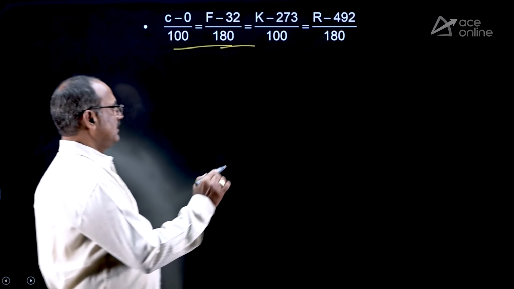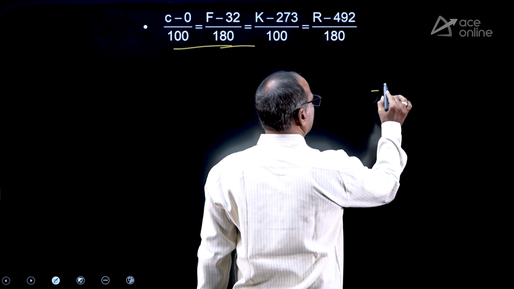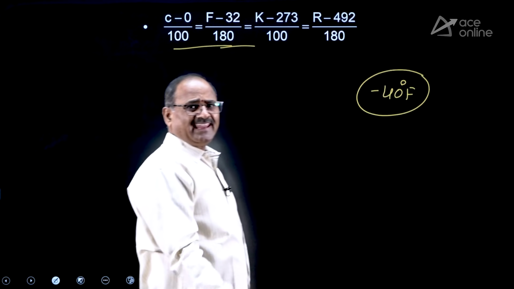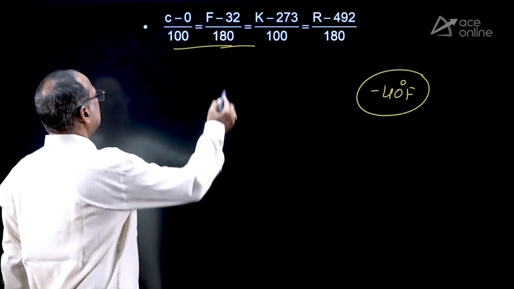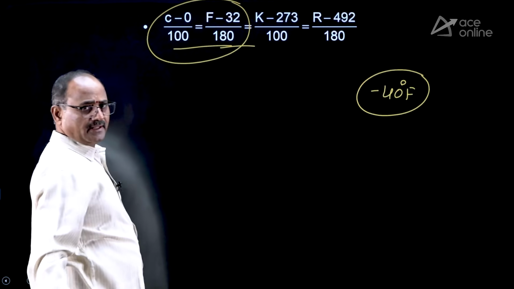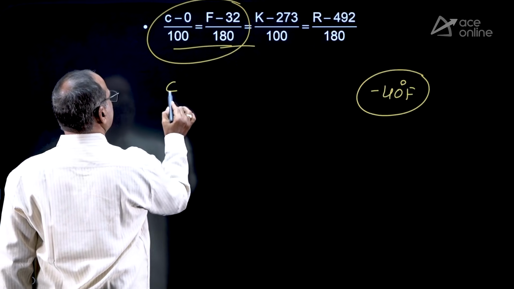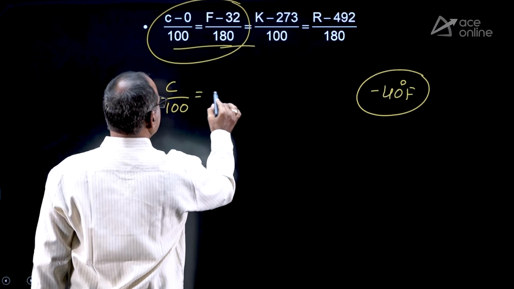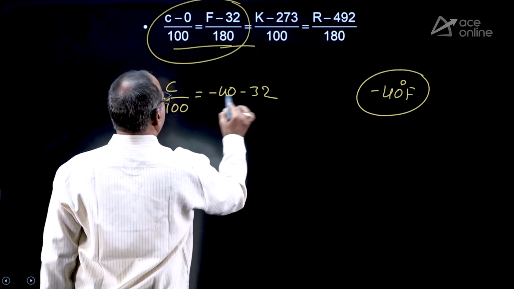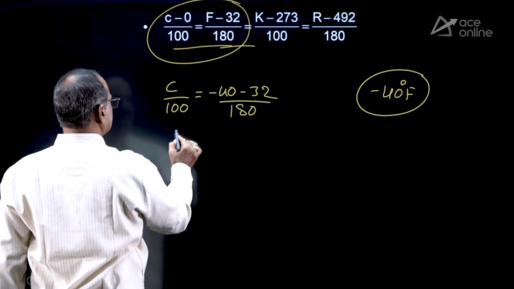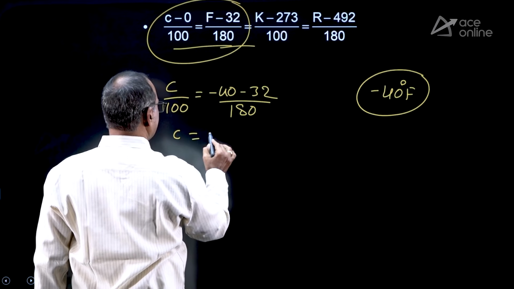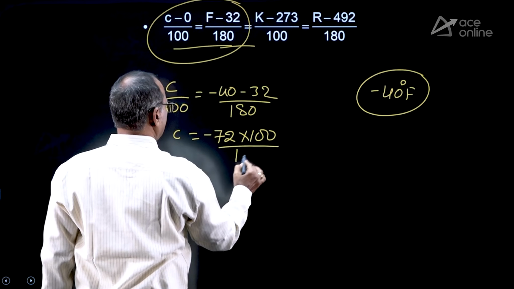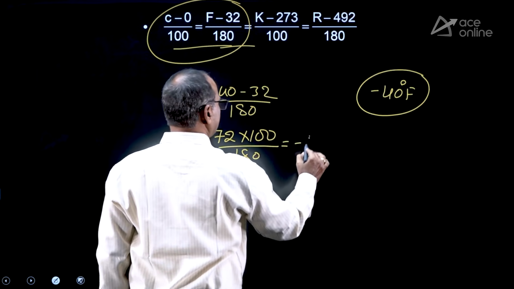For example, if the temperature is given as minus 40 degree Fahrenheit, then what is the equivalent temperature in degree centigrade? For that you take the relation between degree centigrade and degree Fahrenheit. C by 100 equal to F minus 32 divided by 180, with F given as minus 40. So C equal to minus 72 into 100 divided by 180, which simply gives minus 40.